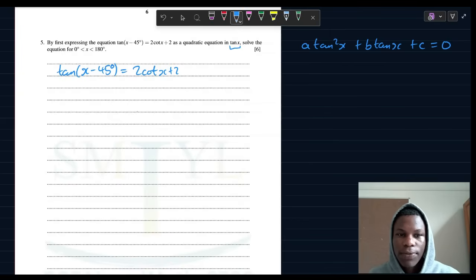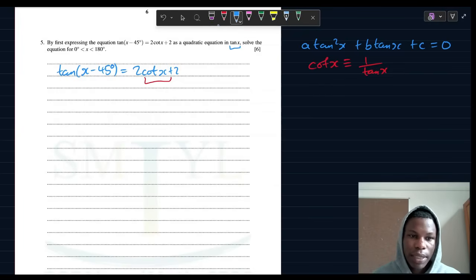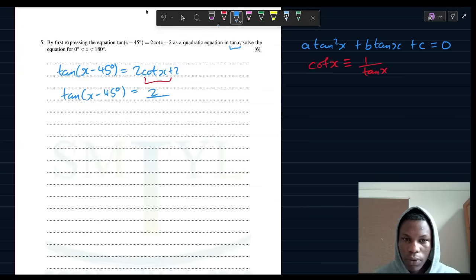Okay, so the first thing we can do is to rewrite cot x in terms of tan x, because we can tell that our desired outcome is for everything to be in tan x. So we know that cot x is identical to 1 over tan x. So we can rewrite this as tan(x - 45 degrees) = 2 over tan x + 2.